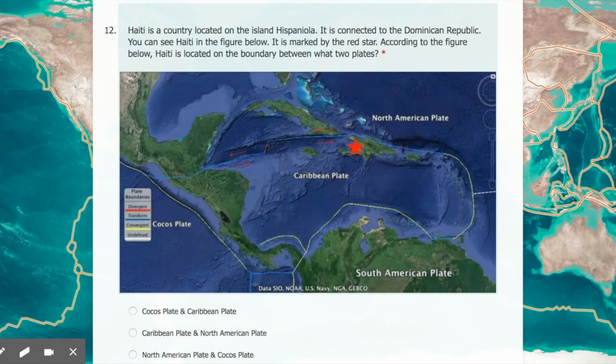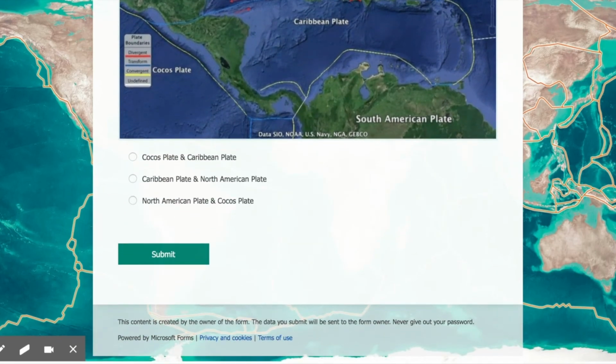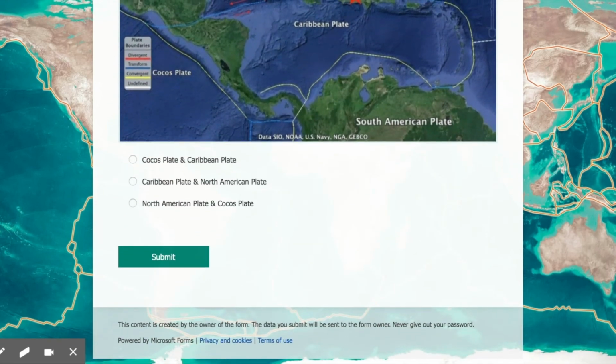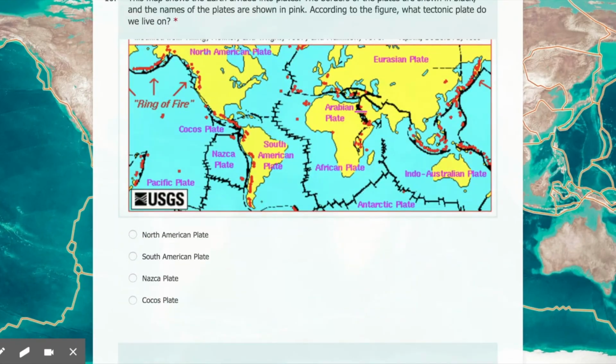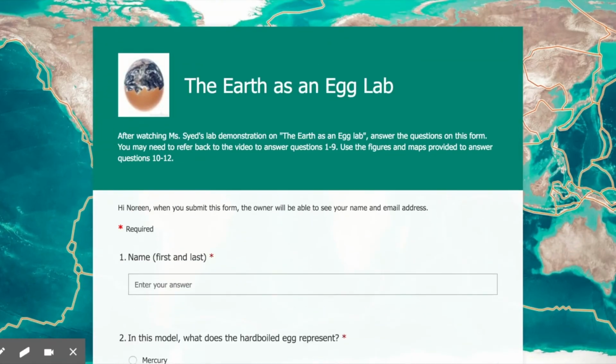It is connected to the Dominican Republic. You can see Haiti in the figure below. It's marked by the red star. According to the figure, please answer the question listed. Once you are done, you're going to submit the form, and then you are done with this lab. You've looked at the Earth as multiple models, both as an egg and as maps.